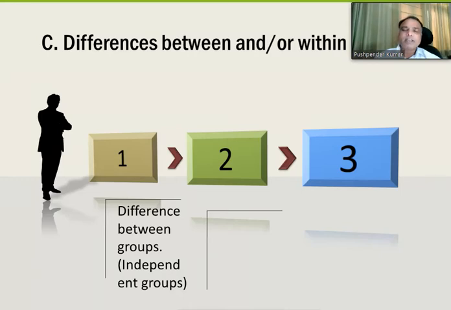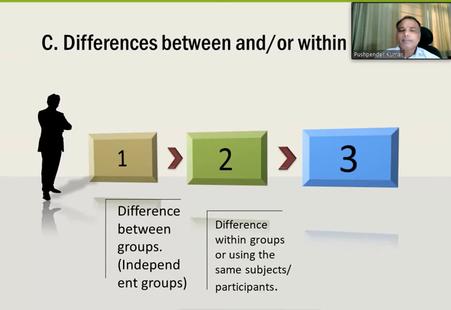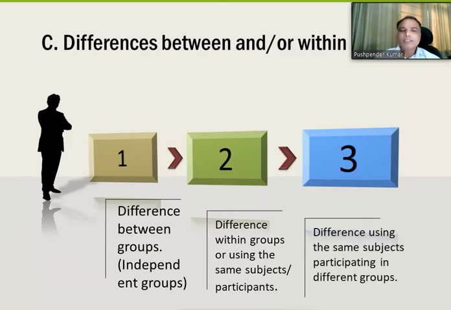Here we have independent groups, section A, section B, and you want to see the difference between these two. And then you have difference within the group, as I mentioned, same subject, and you want to see is there any improvement, is there any difference before and after. And the next, different using the same subject, participant in different group. So if we club together the first and the second, it would be the third one.